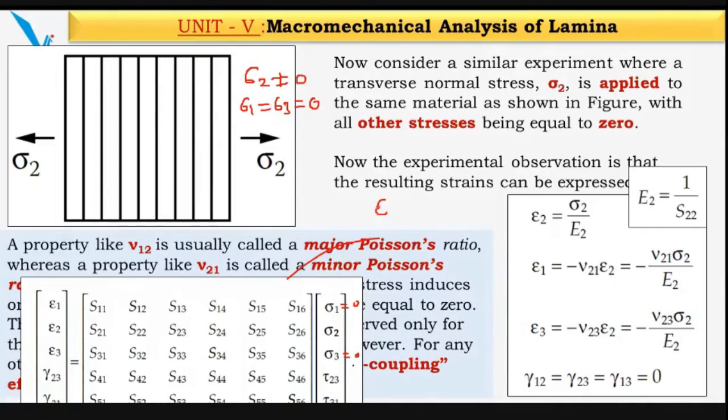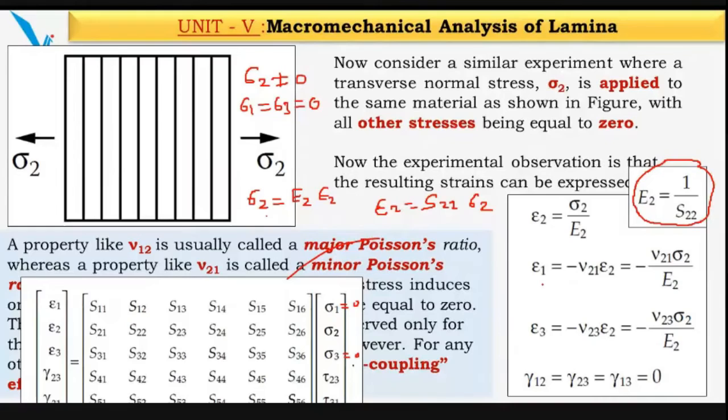So ε_2 is equal to S_22 into σ_2. We know that σ_2 is nothing but E_2 into ε_2, so E_2 can be written as the reciprocal of S_22.